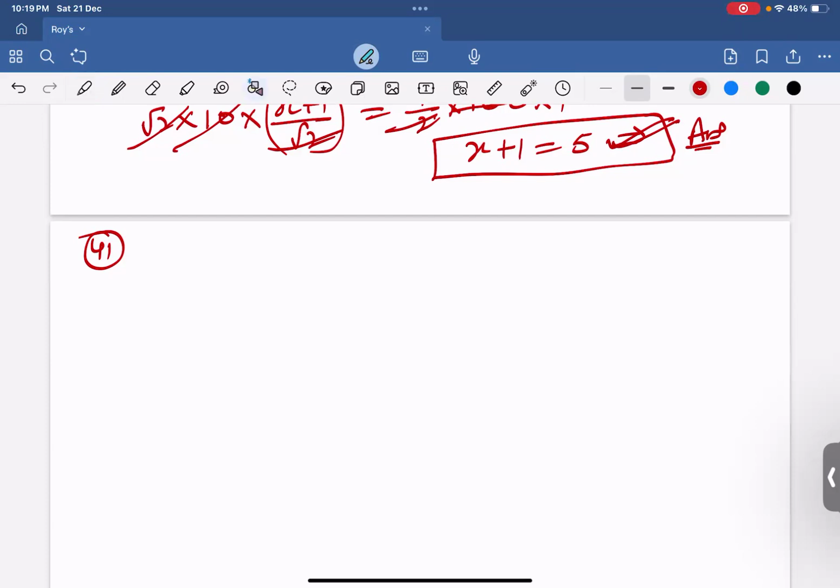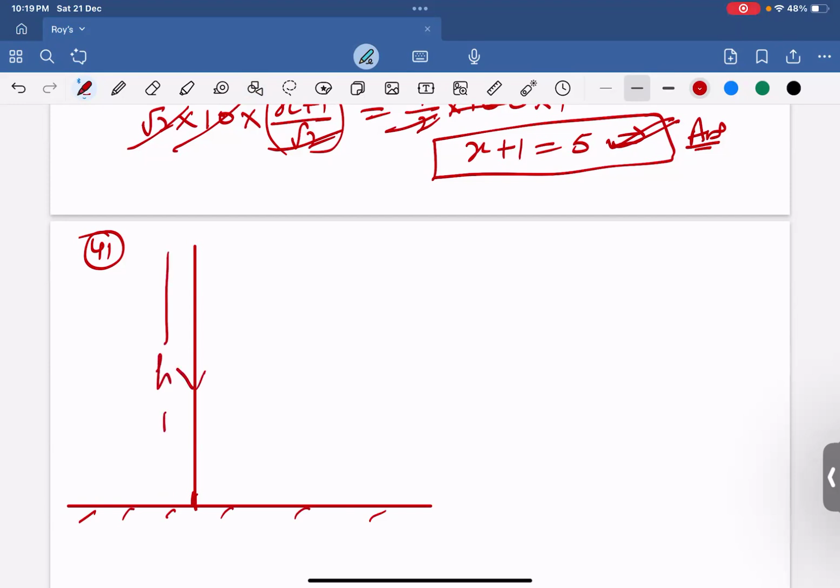A particle has been dropped from some height h on the ground, and after rebounding, when it strikes the ground, the height is given as h. So definitely it was having potential energy mgh.